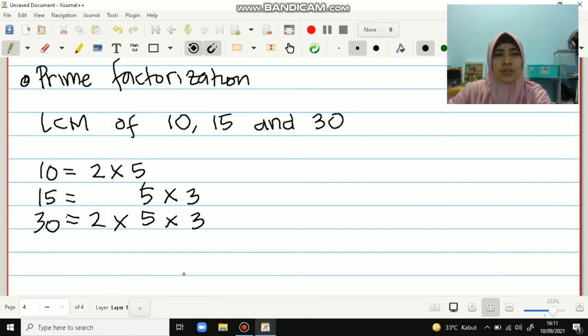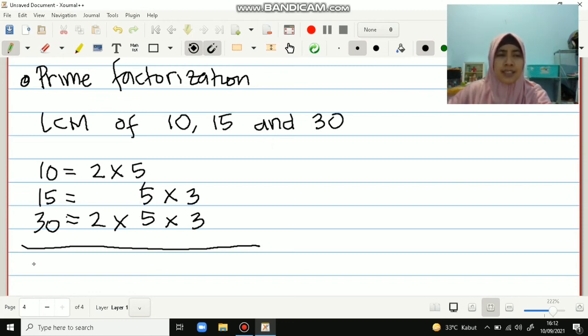So, the LCM of the numbers, okay, this is the difference with the HCF. When we find LCM, we multiply all the factors belonging to the numbers. But when we find the common one, we write it only as one factor.